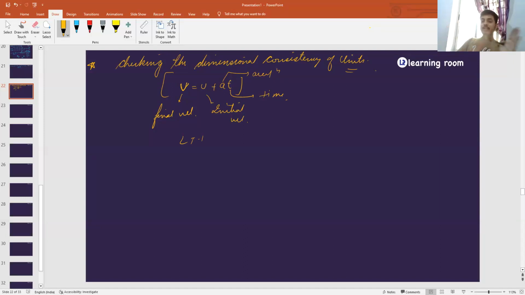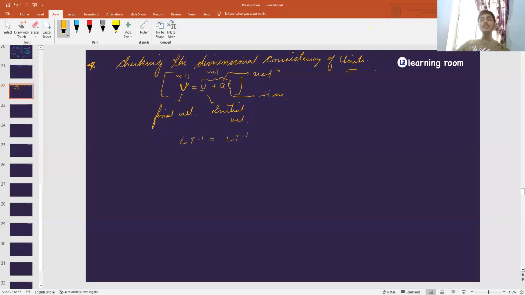If you are getting meter per second on the left hand side, the calculation of the right hand side should also give you meter per second only, isn't it? So this is what dimension says. Now tell me the dimension of initial velocity, same as final velocity, LT minus 1 only.